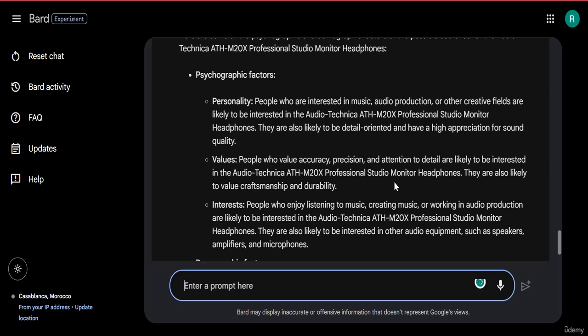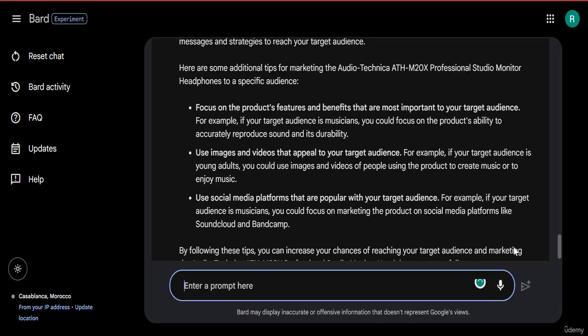These are unique selling values or propositions that we can use to our own advantage to market the product, by the way. Interests. People who enjoy listening to music or creating music or working in audio are likely to be interested in the Audio-Technica ATH M20X Professional Studio Monitor headphones. So that's pretty good.